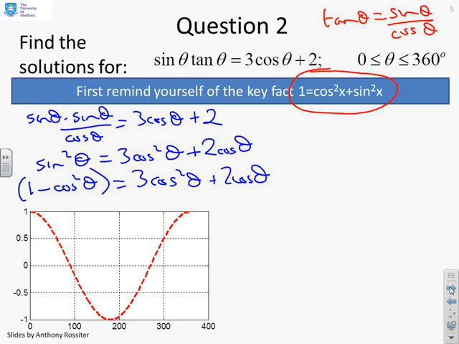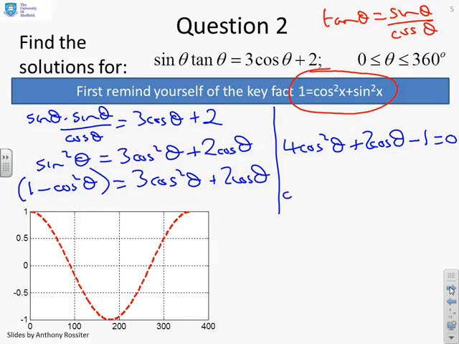And now what I can do is put everything on the same side in order to simplify this. So if I bring all the cos squareds across, let's put a line, you're going to end up with 4 cos squared theta plus 2 cos theta minus 1 equals 0. And clearly this is a quadratic in cos theta. So I can use my standard quadratic formula in order to find the roots.